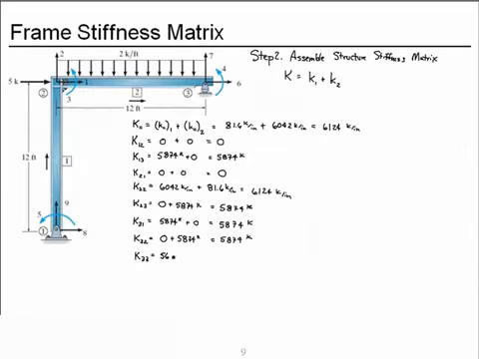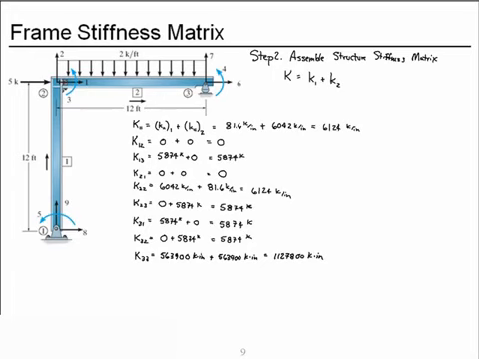So we have 563,900 kip inches plus 563,900 kip inches again, and together we get the following structure stiffness coefficient. Now all other coefficients come from a single element stiffness matrix, or they are 0.